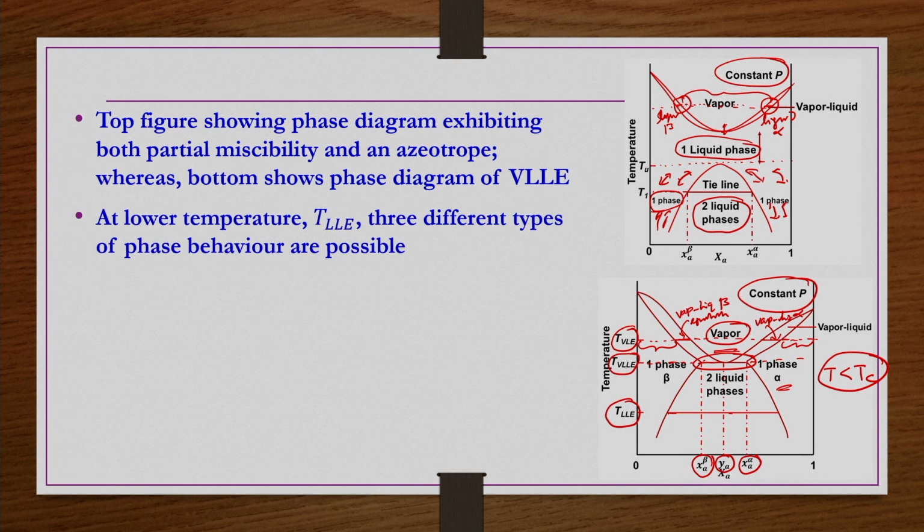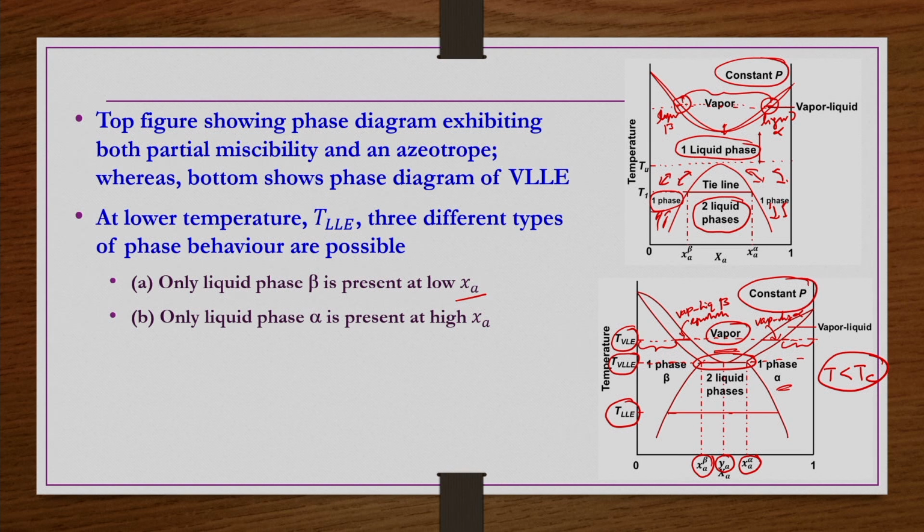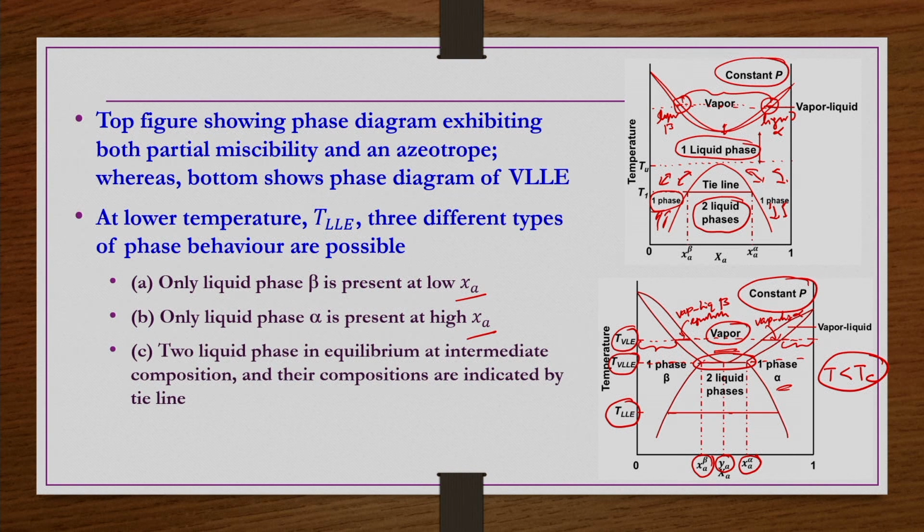So, at lower temperature TLLE, three different types of phase behavior are possible. Only liquid phase beta, that is possible at lower XA, and then only liquid phase alpha, that is present at higher XA side, and then two liquid phases in equilibrium at intermediate composition, and their compositions are indicated by the tie line as I have explained here.